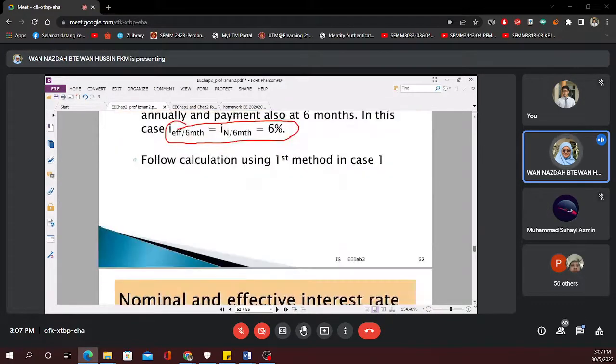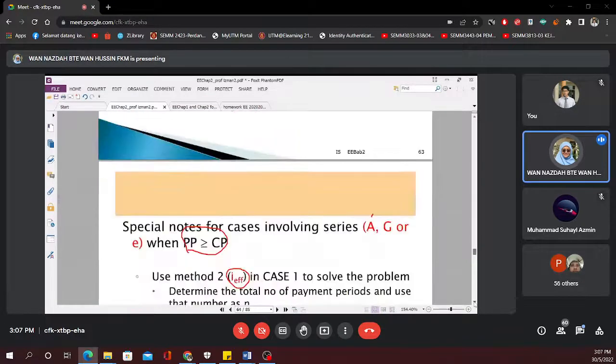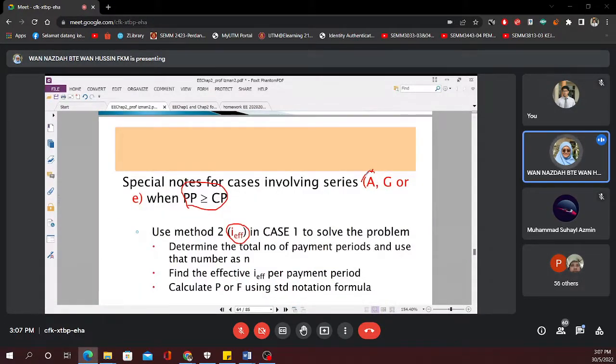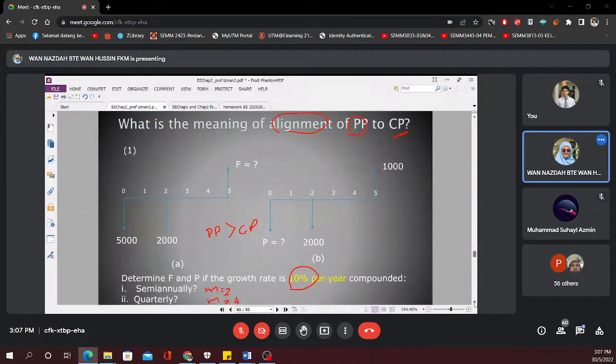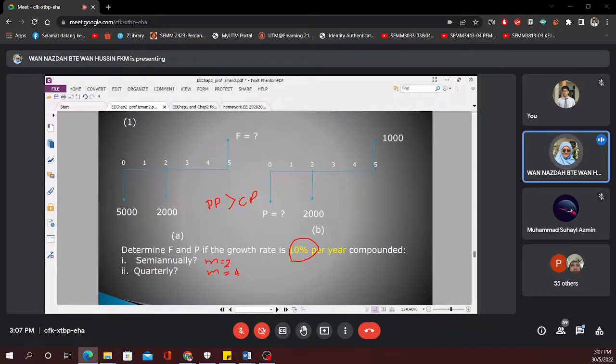So this is called a series. If A is a series, why is this called a series? Because it happens annually. Alright. So for this one, you need to use I effective. Okay, so here we look at the alignment of payment period to compounding period. There are two situations.